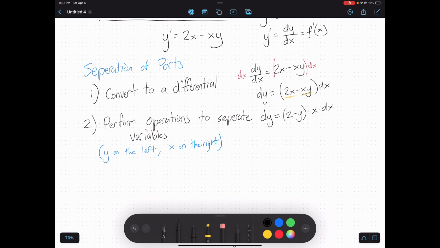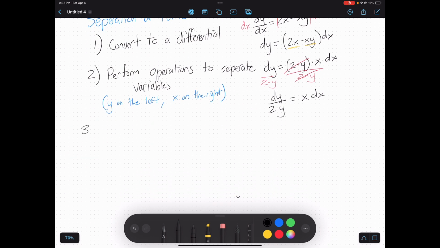Well, now I have 2 different terms, one that's completely in terms of y, one that's completely in terms of x, which means I can go ahead and divide by my term that just has y in it. And I'm left with dy over (2 minus y) equals x dx. Perfect. I've separated my variables. All of my x stuff is on the right. All of my y stuff is on the left.